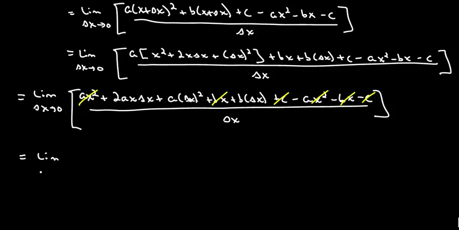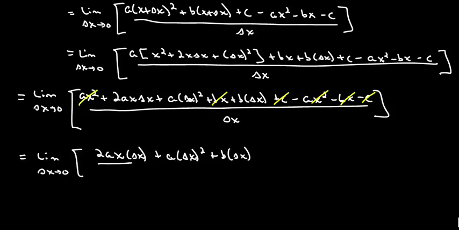Well, this is equal to the limit as delta x goes to 0 of 2ax times delta x plus a times delta x squared plus b times delta x, all over delta x.